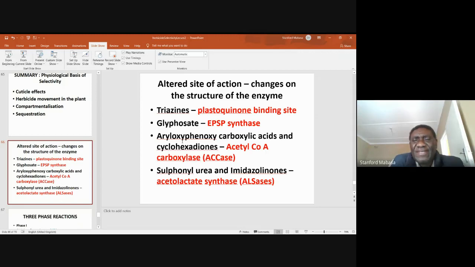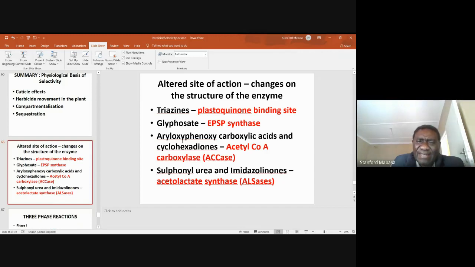Then we also have sulfonylurea and imidazolinones, where we have acetolactate synthase, or ALS, as the enzyme being important.